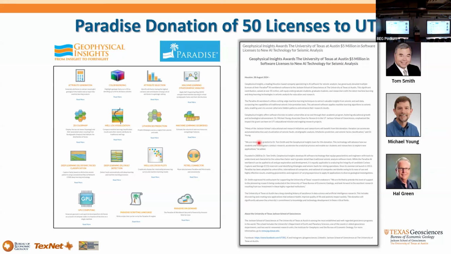So, of course, at the very top, we got Tom Smith, CEO of Geophysical Insights and a leading expert on machine learning. Most of you have been in this industry as long as I have, which was since 1989 when I started at the Bureau running 3D modeling, right?